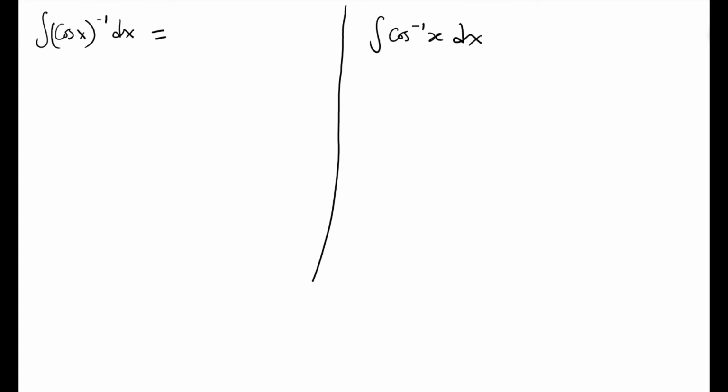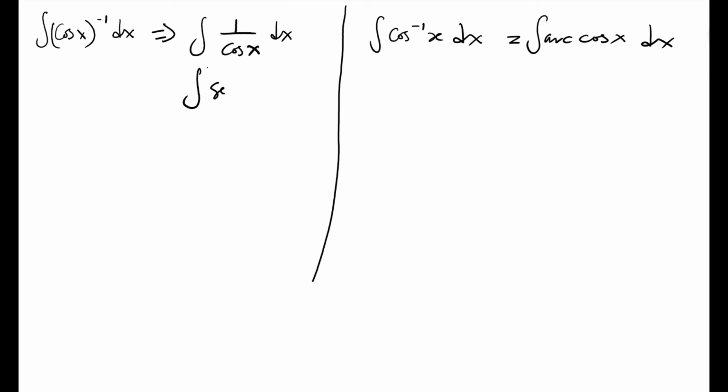What this means is integral of 1 over cos of x dx, or it's this one, which means integral of arccos of x dx. Of which this is equal to integral of sec of x dx, which will just give you ln of sec x plus tan x plus c.